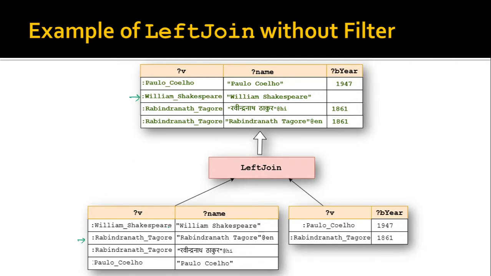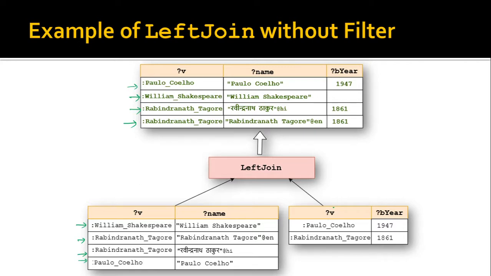Rabindranath Tagore in English row, it is happening here. Rabindranath Tagore Hindi name, it is also coming here, right? William Shakespeare we have already considered, and Paulo Coelho who is already there, right?